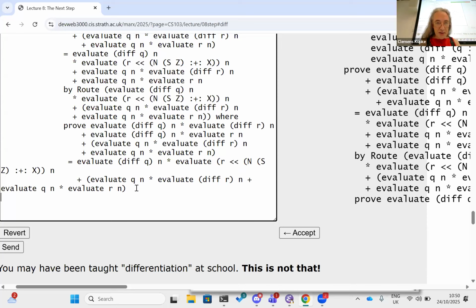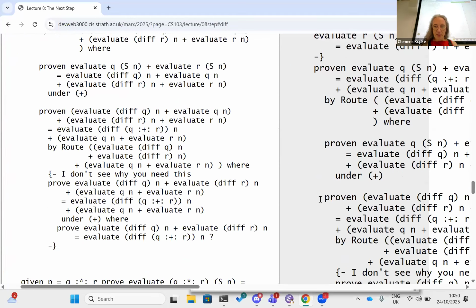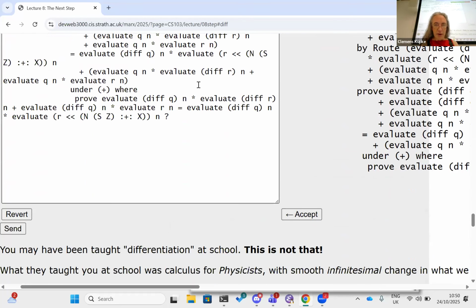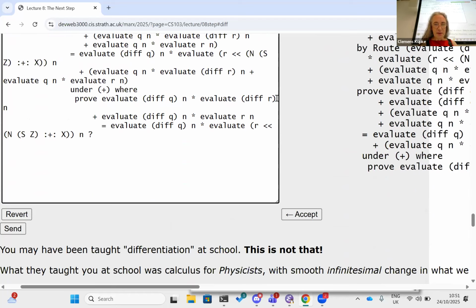So if I say under plus, some of the annoying business should go away. If I'm lucky, I am lucky, or rather, I've done this before. Right, so we now have, yes, it's where the line breaks are in an annoying place.